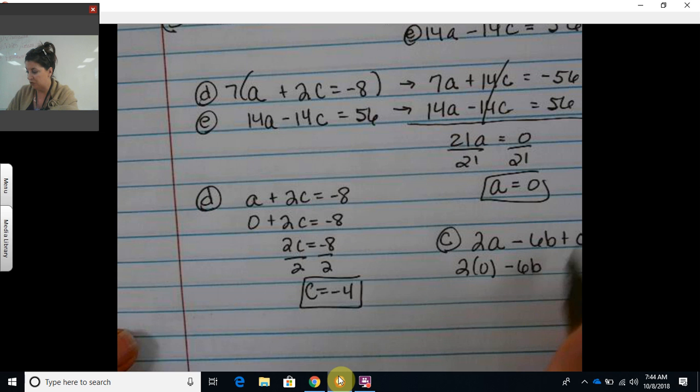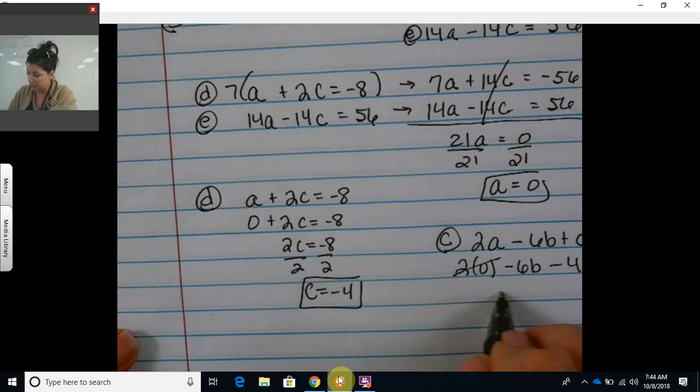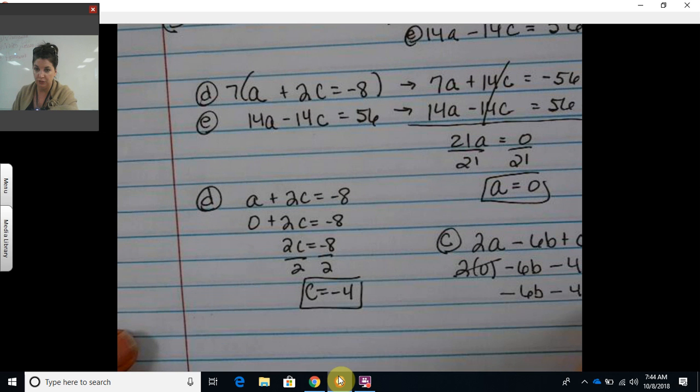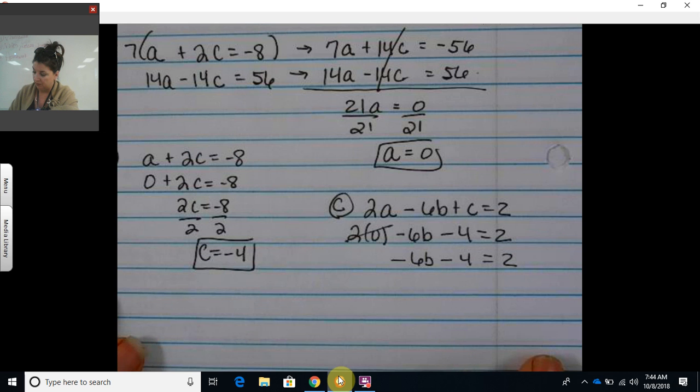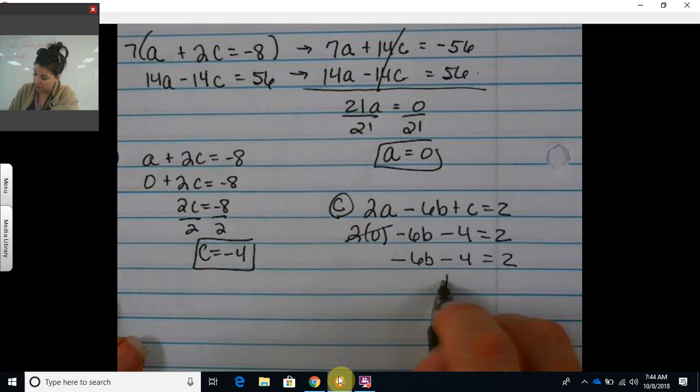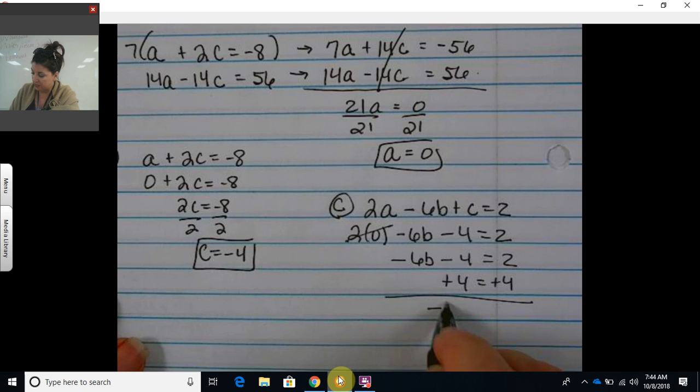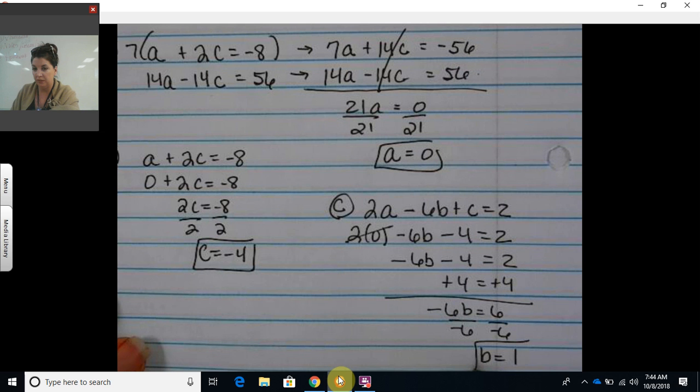So plus some negative 4 would just be minus 4. So that's 0 minus 6B minus 4 equals 2. Oops, sorry. Add 4 to both sides. Negative 6B equals 6. And so B is going to equal positive 1.